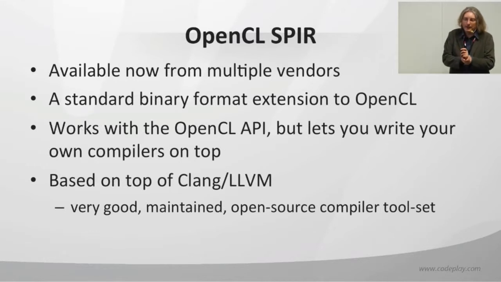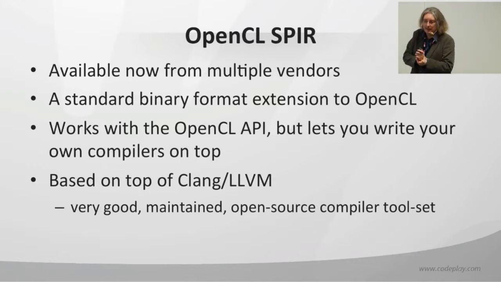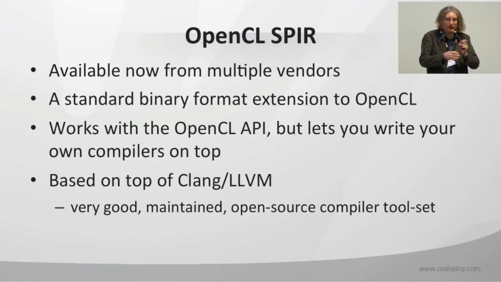So OpenCL SPIR is actually available now. This is a binary format for OpenCL, based on the Clang LLVM compiler toolchain, which is open source. And so today, you can write your own languages, compile it down to this LLVM intermediate representation. You don't have to use the LLVM compiler toolchain.